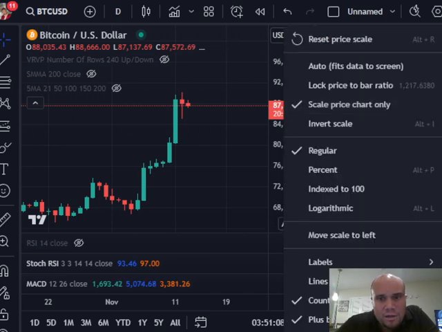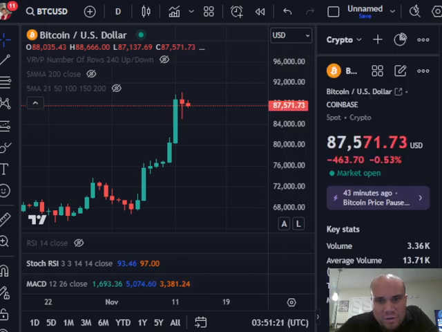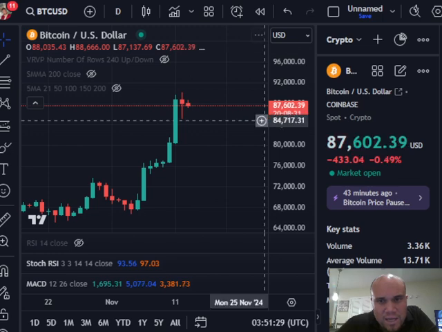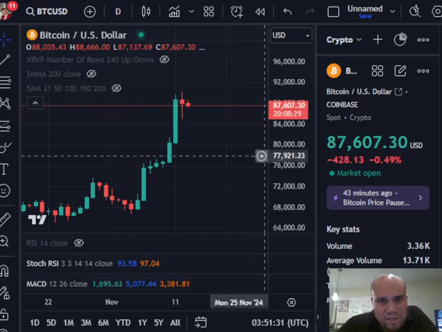I could click over here and I can change that. If for some reason you don't have that countdown, make sure that countdown to bar close is actually checked off. If it's not, it's not going to show you how much time is left for that candle to close. So you just right click over here, and make sure you get a countdown to bar close, and it tells you how much time is left in that candle.